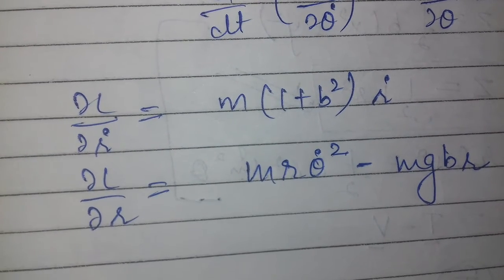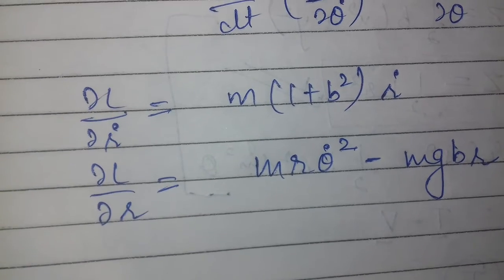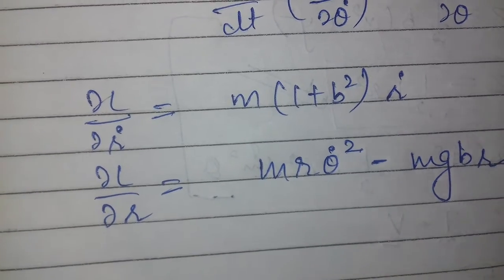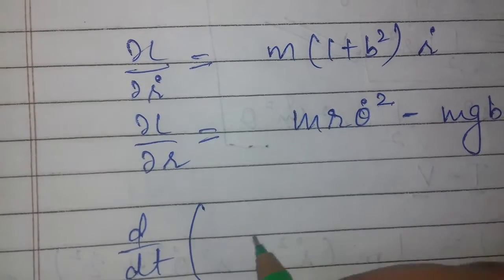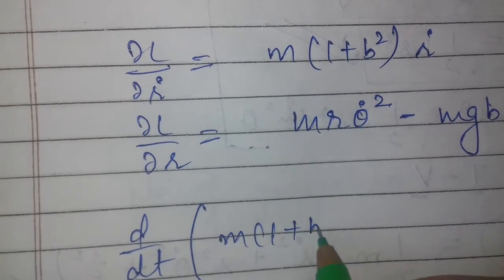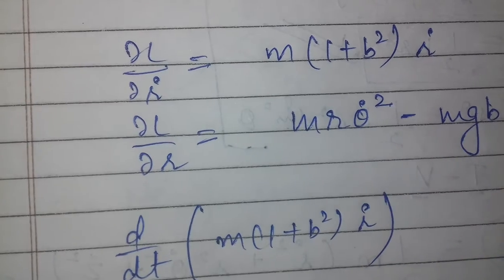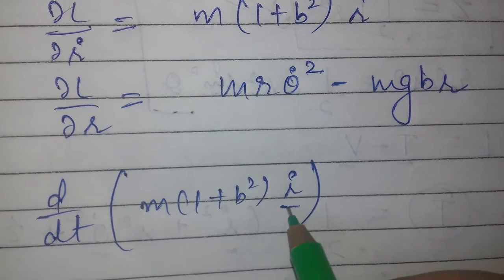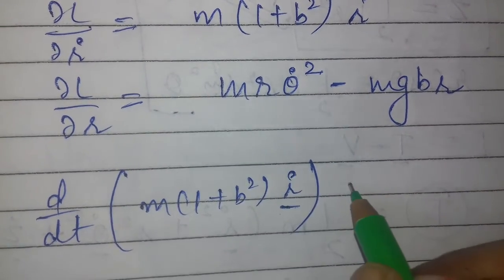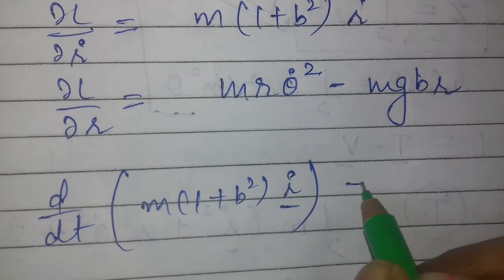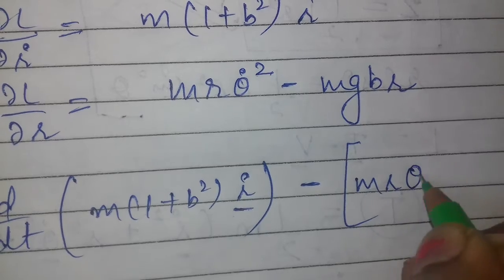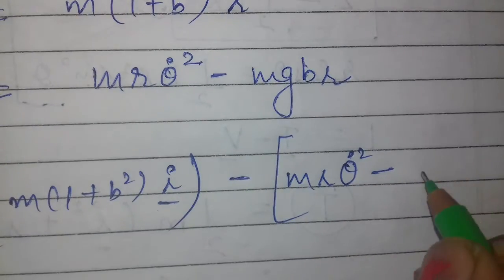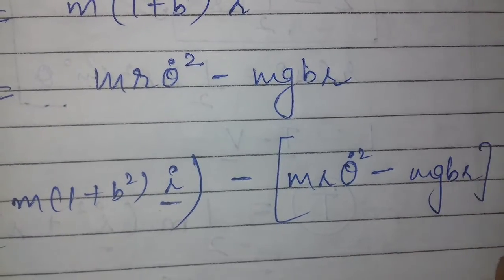And now putting this d/dt of ∂L/∂r dot, which is m(1 plus b square) r dot. Here everything is constant except r dot, so only differentiate with respect to this. And here 1 minus already, so ∂L/∂r will be m r theta dot square minus mgb r, and the total is your 0.